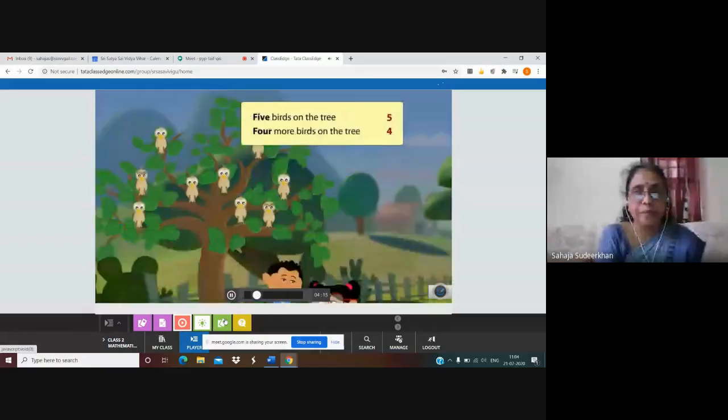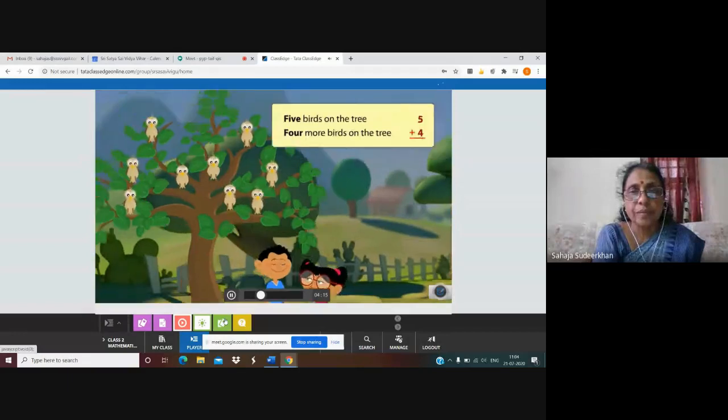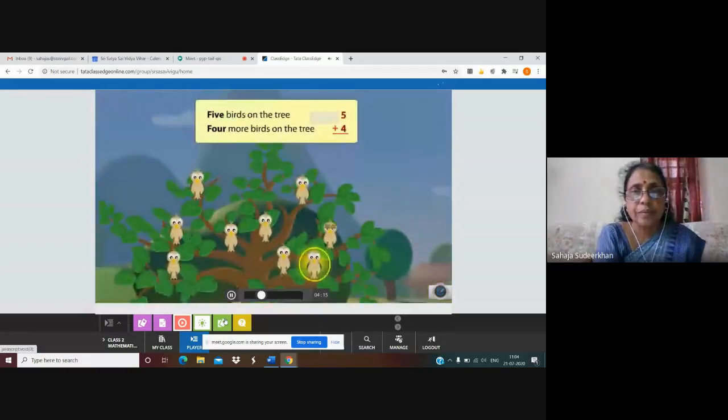So there were 5 birds sitting on this tree and 4 more birds flew in. So how many birds in all are now sitting on this tree? To find the total number of birds, let's add 5 and 4. 1, 2, 3, 4, 5, 6, 7, 8, 9.